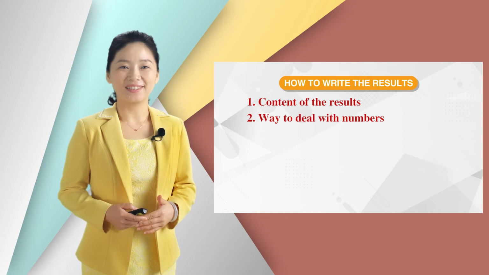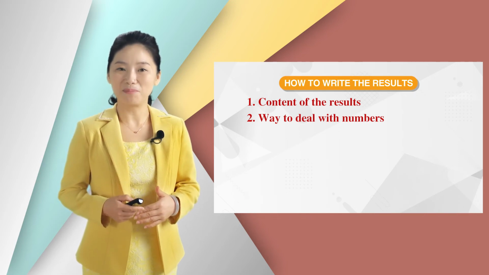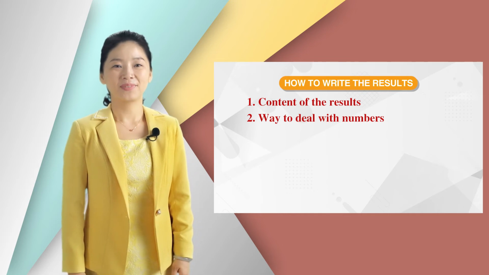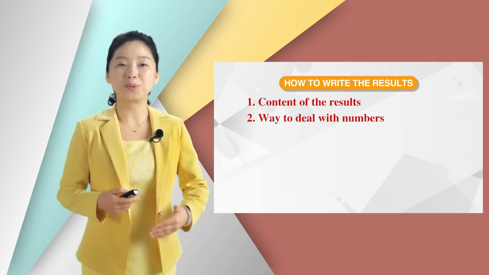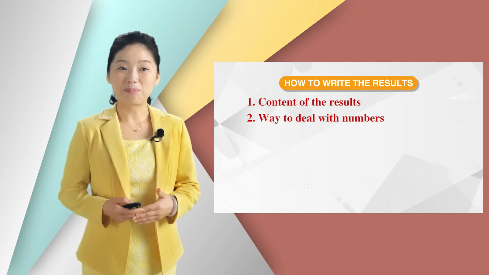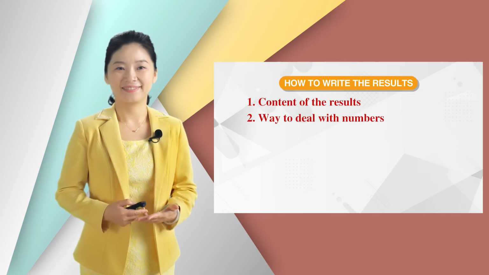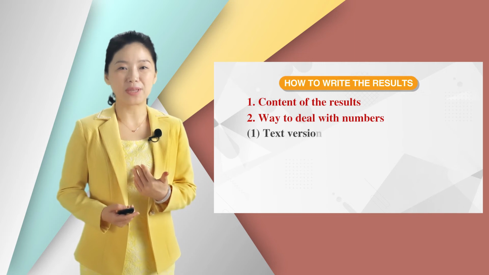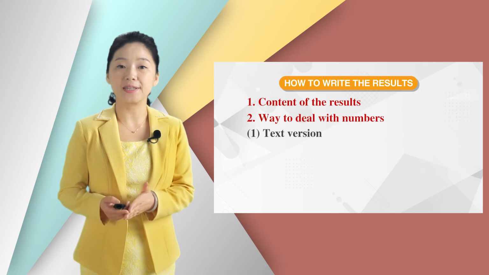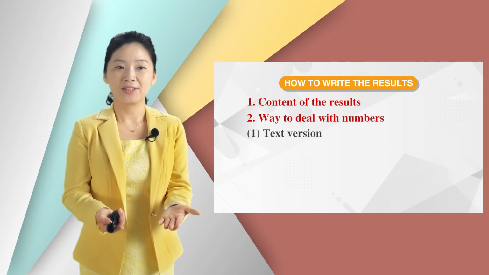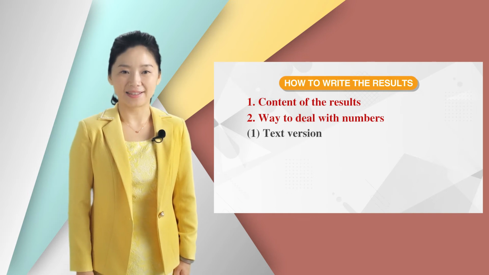In this section, you have to know how to deal with numbers. That is to say, you should know how to present the numbers by text, table, or graphs. According to my research, if only one or a few determinations need to be presented, you'd better describe them in the text.